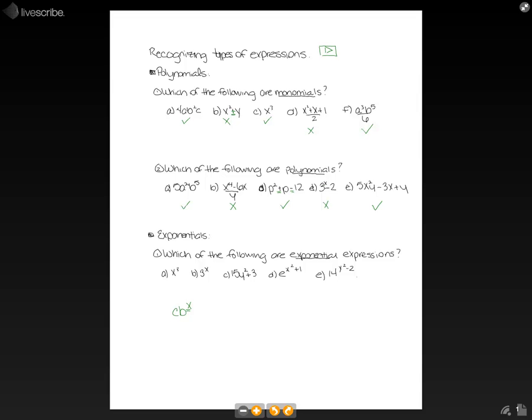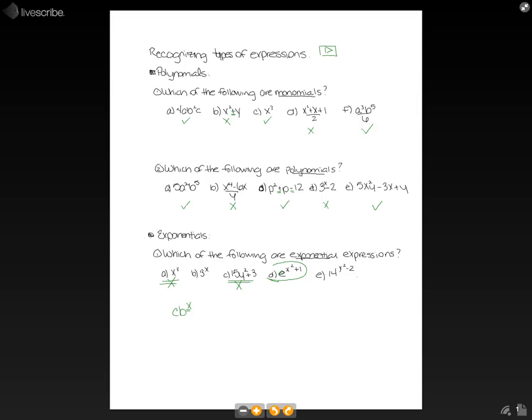Thus, what makes it exponential is not just that it has an exponent, but rather that it is raised to a variable. Using these definitions, we're going to use the looser definition. We see that A and C both do not have variables in their exponents, so these cannot be exponential.